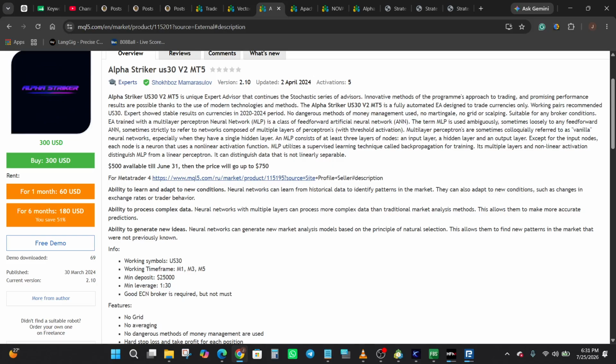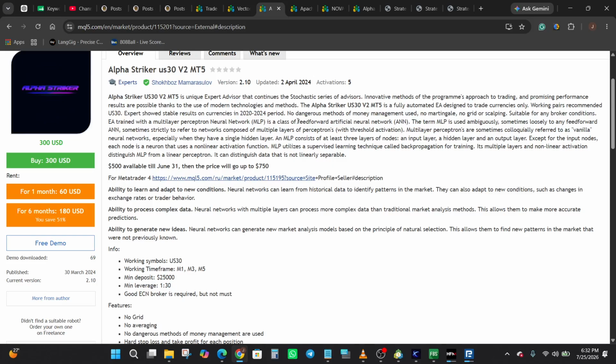It is trained using a multi-layer perceptron neural network, a type of feed-forward neural network that is trained through back propagation. In plain terms, the developer's pitch is that this allows the system to learn from historical data, adapt to changing market conditions, and identify patterns that simpler rule-based methods might miss.